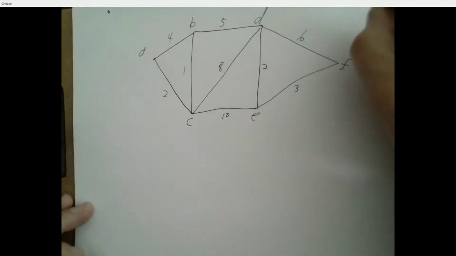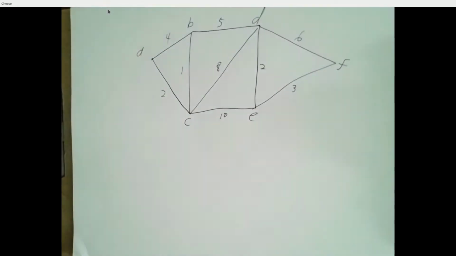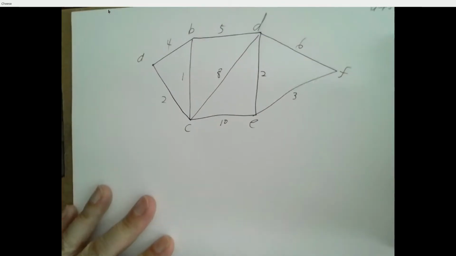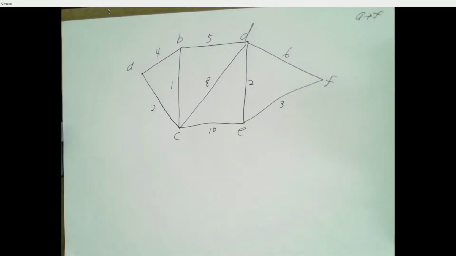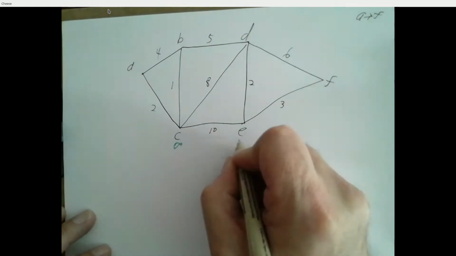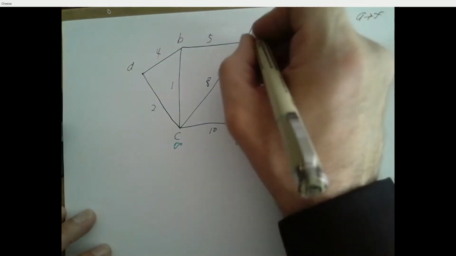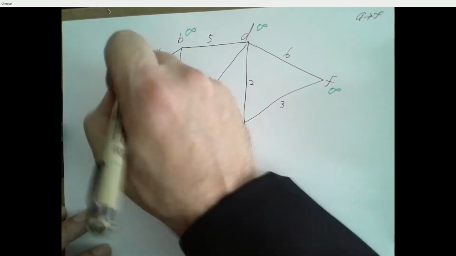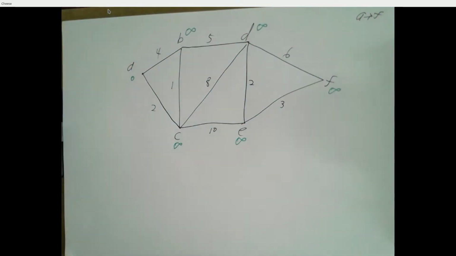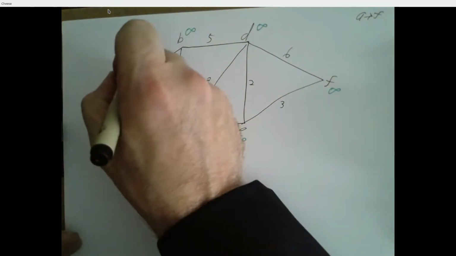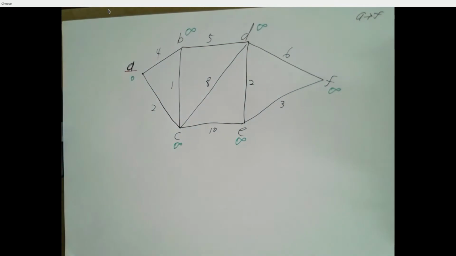All right, and again, we're going from A to F. And our initial distances are infinity. We're starting at A, that's our initial node, and the distance to there is 0. All right, so relax the nodes.